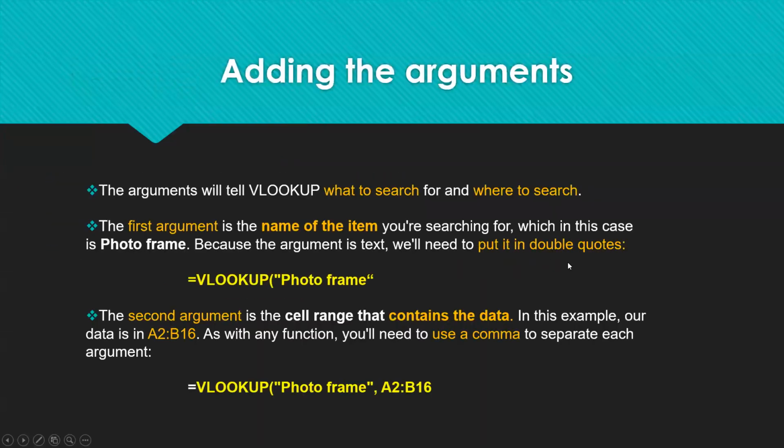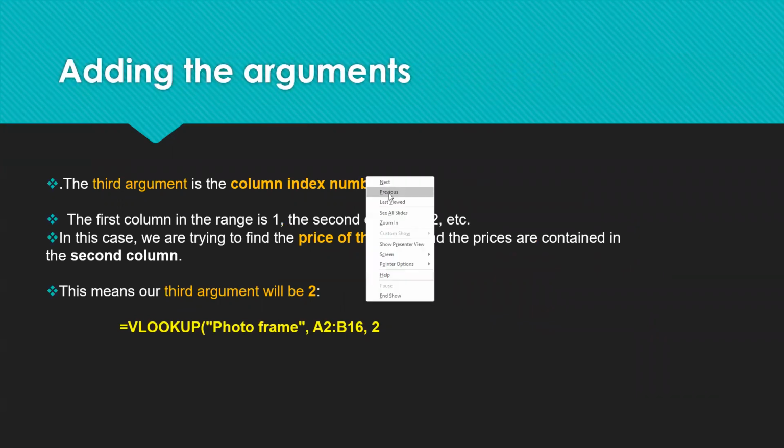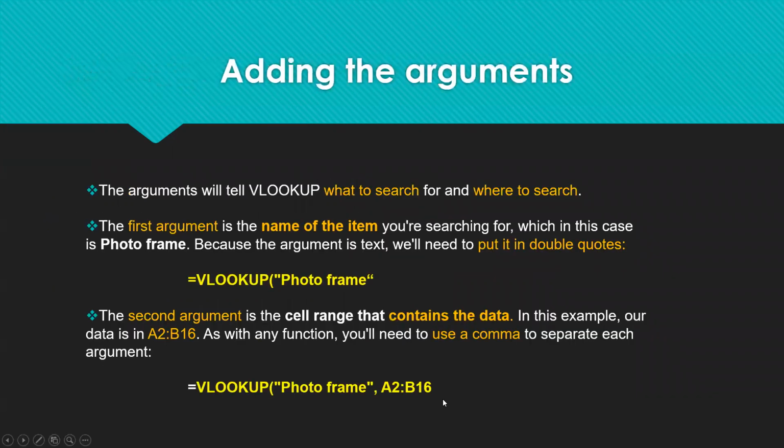The third argument is the column index number. We have already given two arguments: the first is the actual text we have to find, and the second is the place where we have to search, the address of the data.